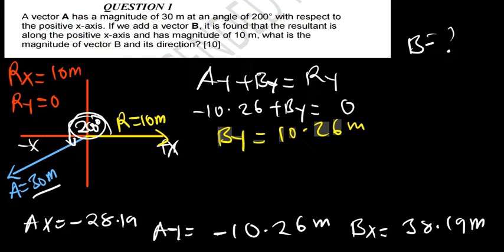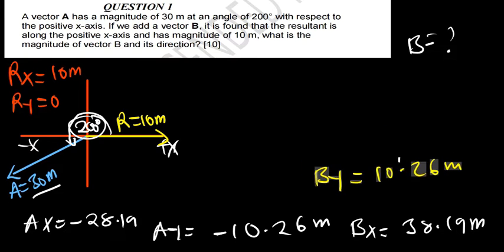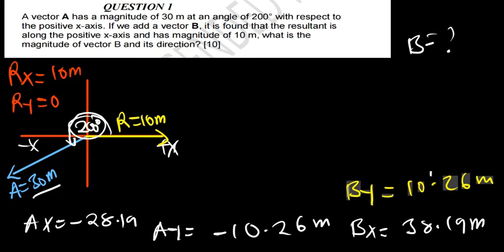But the question is, find the magnitude and the direction of vector b. When you have the x and y components, put an arrow on top of the b. This arrow symbolizes that it's a vector with a magnitude and direction. If you just say b, this is a scalar.